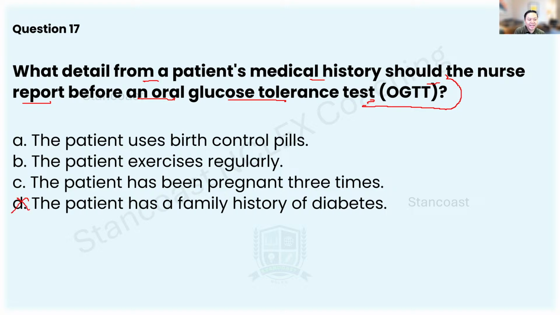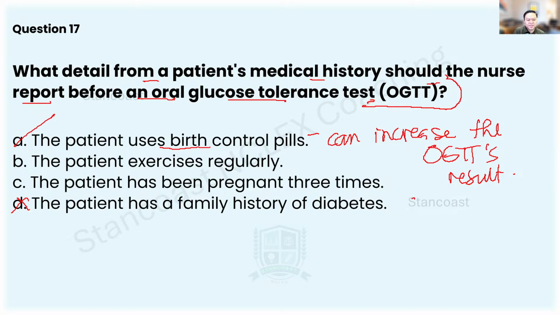The correct answer is the use of birth control pills. That is the correct answer. The reason for that is because oral contraceptives can elevate the oral glucose tolerance test values. Yes, this can increase the OGTT's result.